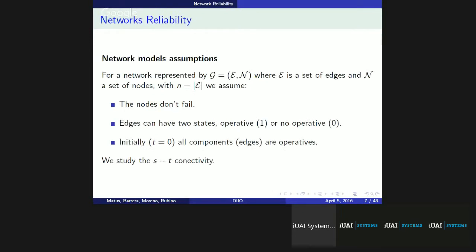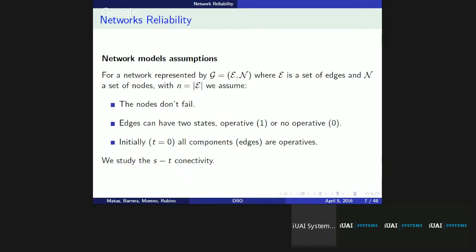It's important first to state some assumptions in the models. We want to work with a network represented by a graph with n edges. We have three initial conditions. The first is that the nodes don't fail; always the edges fail. The second is that the edges can have only two states, operative and non-operative.